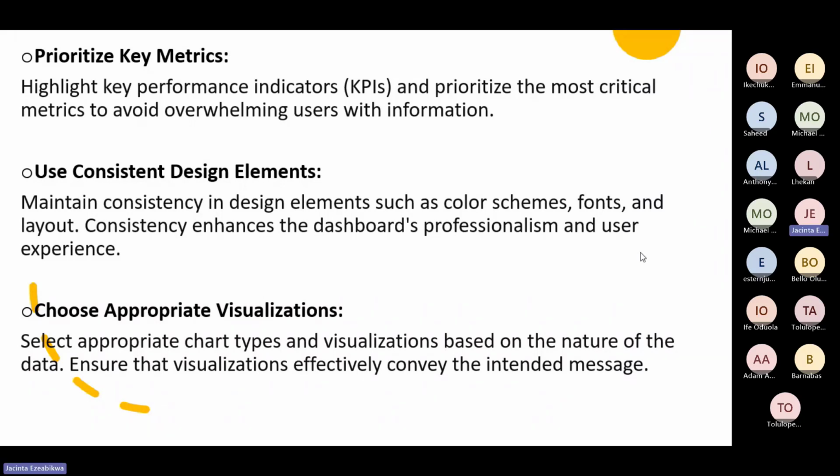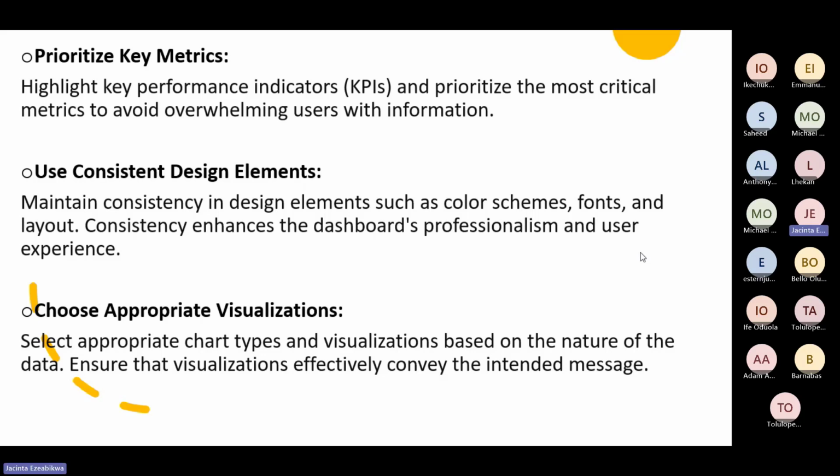Another guideline is to choose the appropriate visuals. This cannot be overemphasized. Every visual has a particular use case. Every visual has the question that it will answer appropriately. Take, for instance, a line chart: you need a line chart to portray a trend over time.